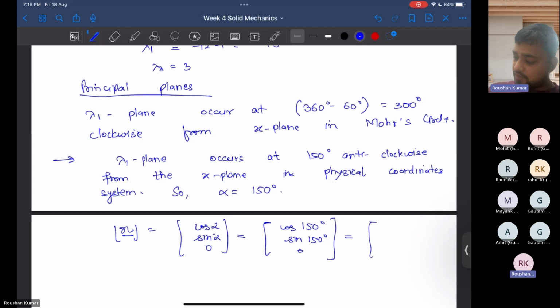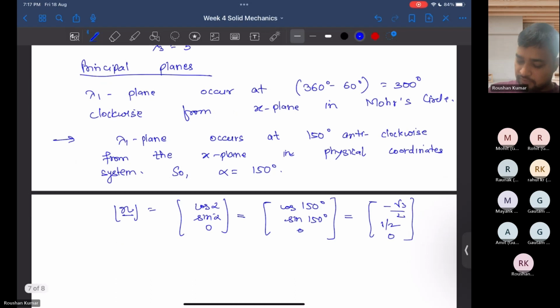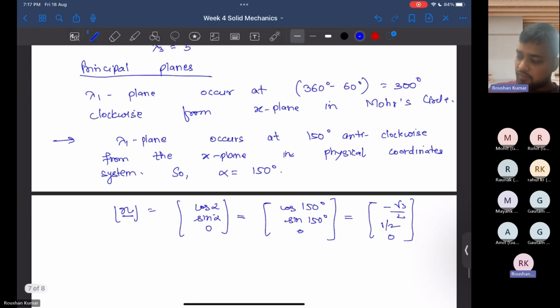Cos of 150 degree is minus cos 30 degree, which is minus root 3 by 2. Sin 150 degree is sin 30 degree, which is 1 by 2, and 0. So this is the principal plane direction of the lambda 1 plane.